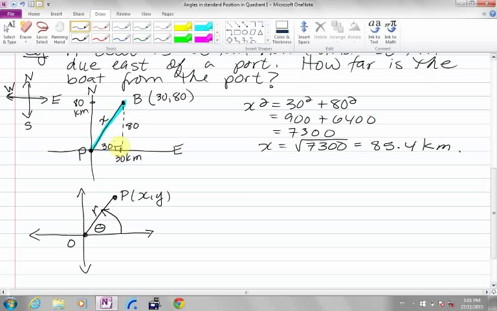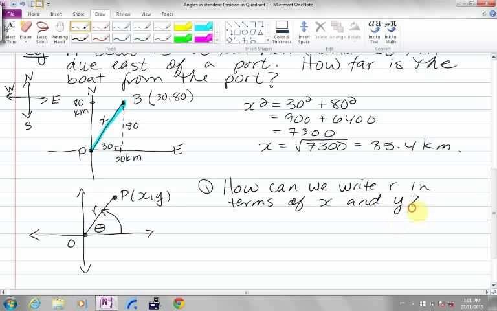Let's do it this way. How can we write r in terms of x and y? So I want to write r as an expression using x and y.